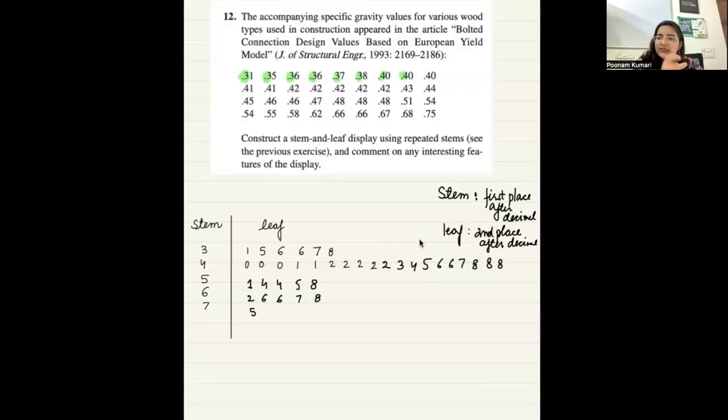Meaning it will have similar digits, not too many differences in digits. Whenever there are a lot of differences, this method doesn't work very properly. Then you go to different methods, histogram or other methods. Whenever the data has similar digits, only then do you try to plot it. Otherwise, we don't use it.